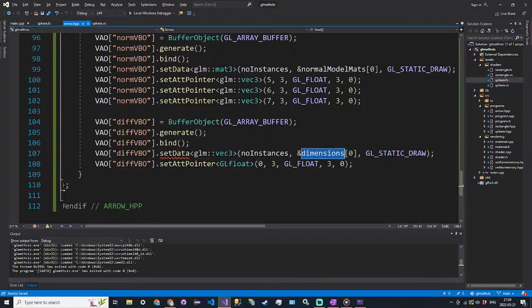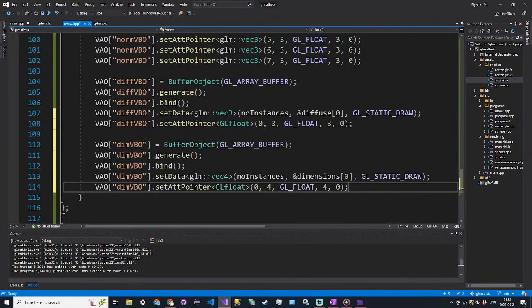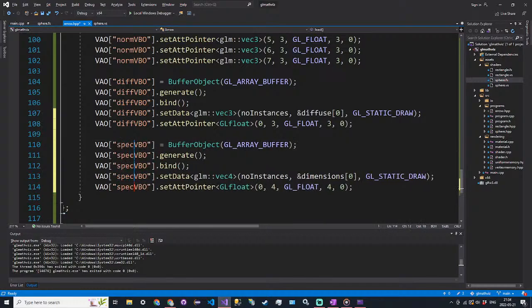Oh, sorry, this should be a reference to diffuse at 0, and then the same thing for specular. And for this, we need the index of the diffuse to continue after, so index 8 and then index 9 for the specular.